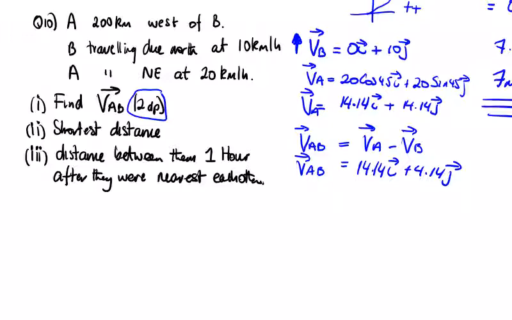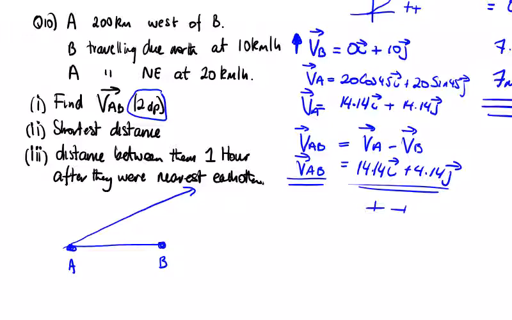So we do a little sketch. A and B. A is west of B, so we have B, we have A. The velocity of A relative to B is positive, positive. So we're going in this direction. So I have my angle in here. I have 200 kilometers apart. So the shortest distance along here.